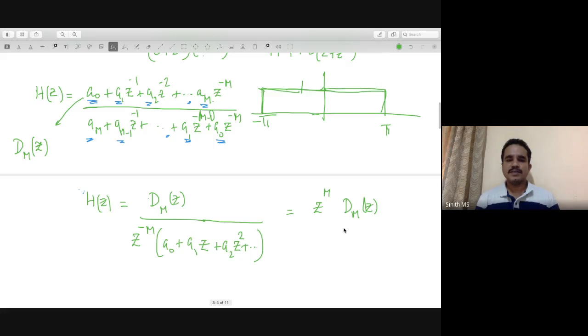This term a0 plus a1 z plus a2 z square plus etc. is basically Dm(z inverse). Instead of z inverse, this has now become z. So that means z is replaced by z inverse. So this can be written as Dm(z inverse).